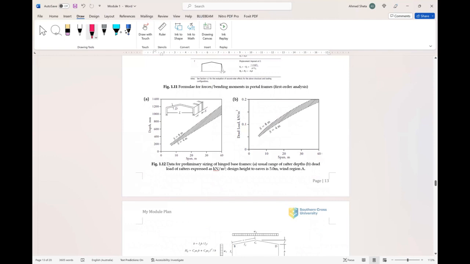And in these two figures, data for preliminary sizing of hinged base frame. So this frame is hinged or bent. Usual range of rafter depths in figure A. So if the span is, let's say, 10 meters, and the spacing is 8, the depth will be around 300 millimeters.